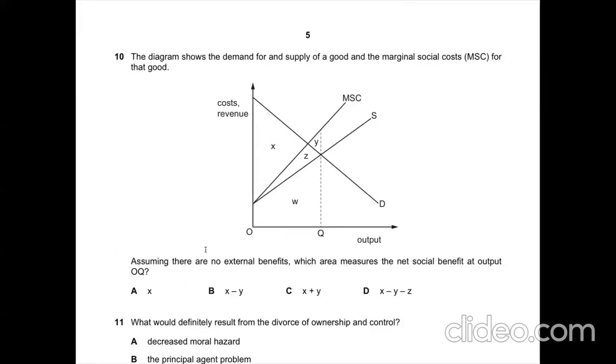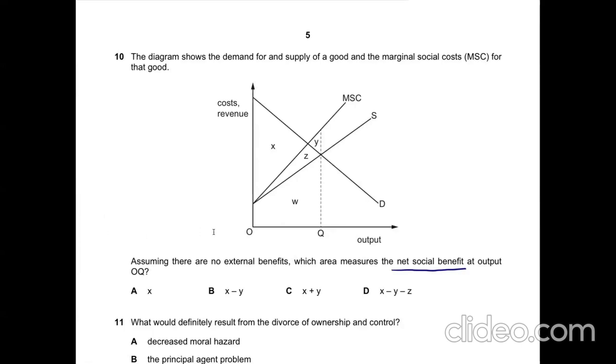Question 10. The diagram shows the demand for and supply of a good and the marginal social cost for that good. Assuming there are no external benefits, which area measures the net social benefit at output OQ? Yes, if there was no overproduction of the certain good, then the market could have enjoyed the social benefits.